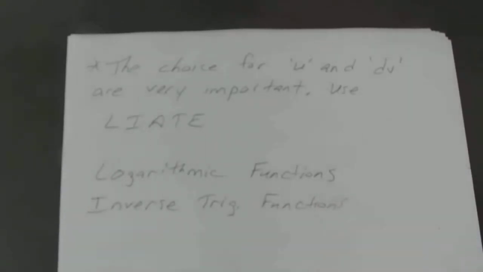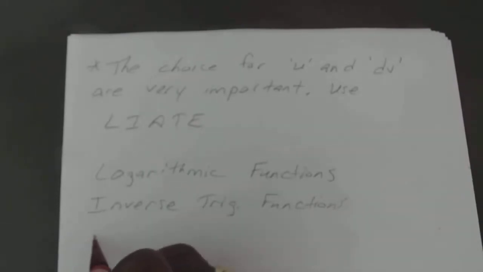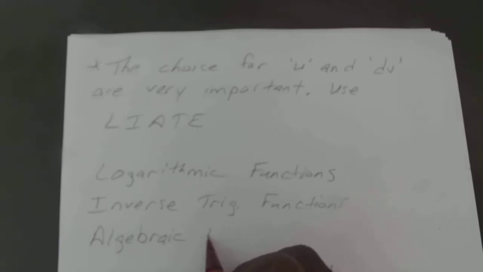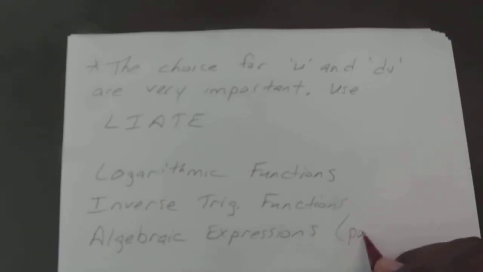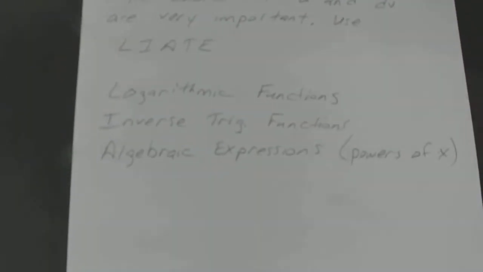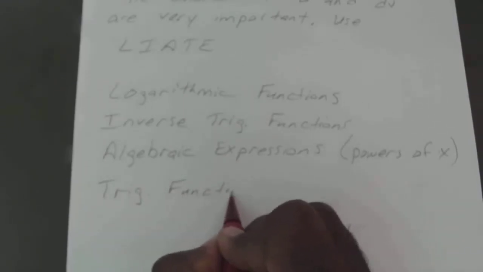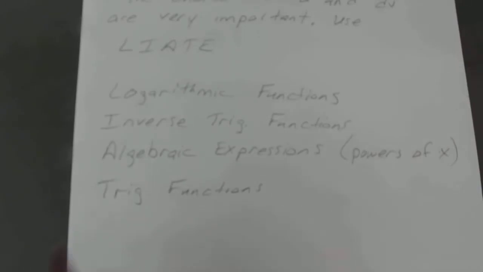Okay, the A is for algebraic expressions, or just powers of x. The T is for trig functions. And the E is for exponential functions.